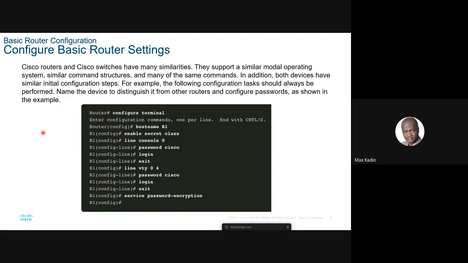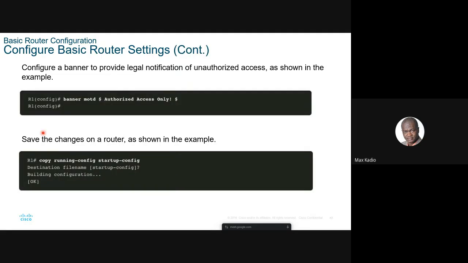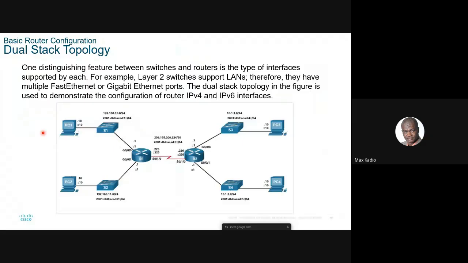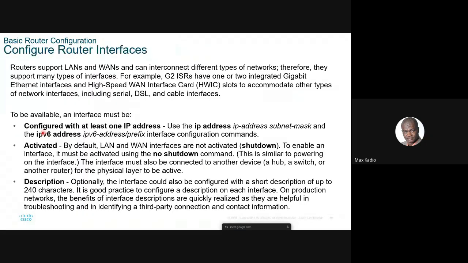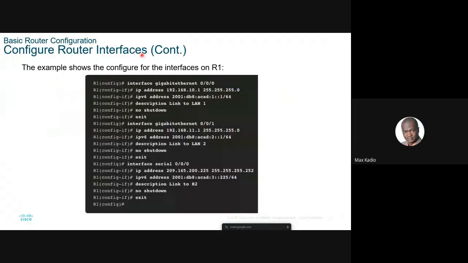Okay, this one we did in CCNA1: message of the day, copy run startup, how to save, and configure router interface. You can also check that, we did it already, this is revision.